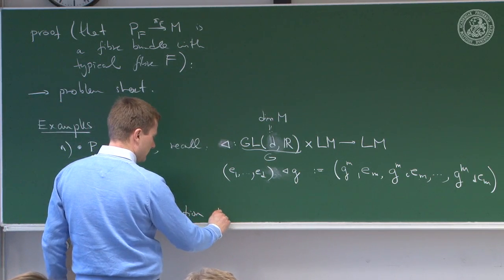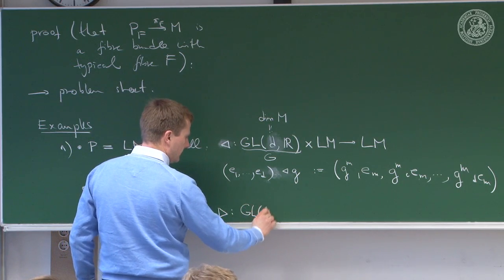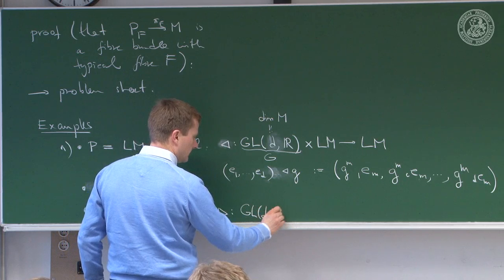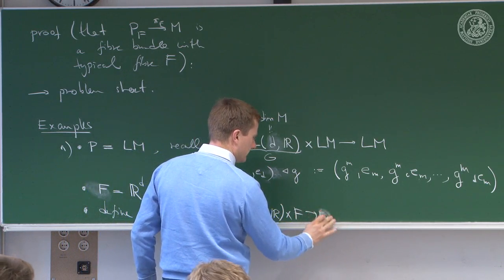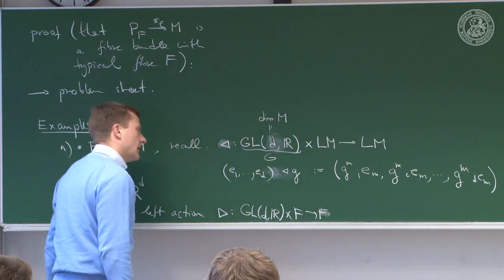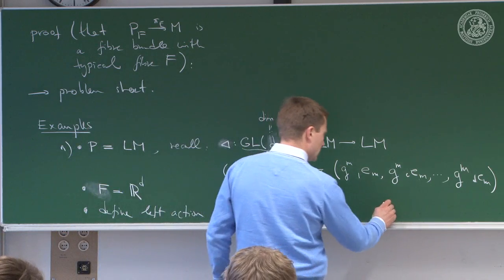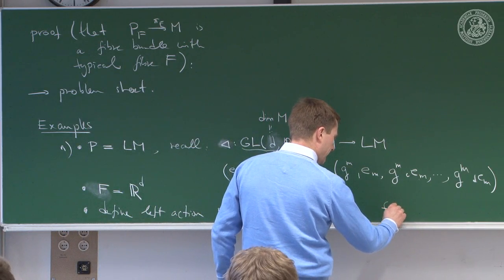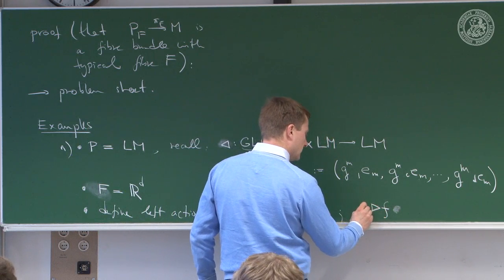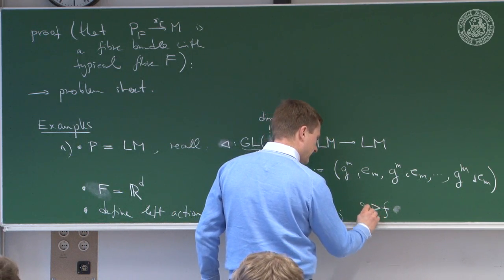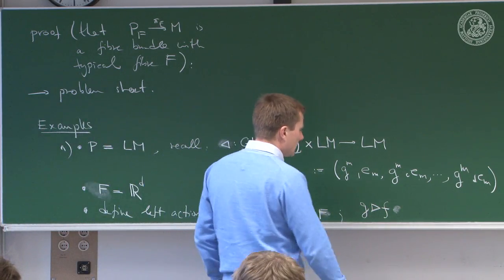This is the symbol that takes you from GL(D, R) and an element of F back to F, and we define this by f being acted on from the left by a GL(D, R) transformation.